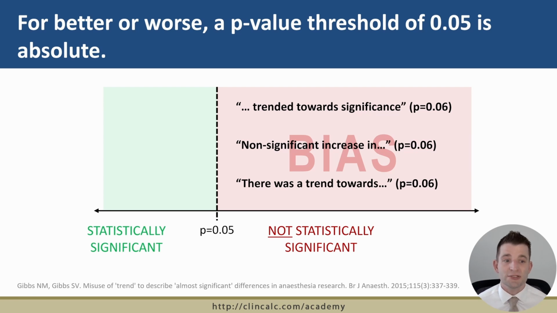All of these are common terms that really indicate author bias, because again, as a medical community, we've decided that a p-value of 0.05 is our absolute threshold. You are either below it or you're not, and there are no trends or nearly significant values.